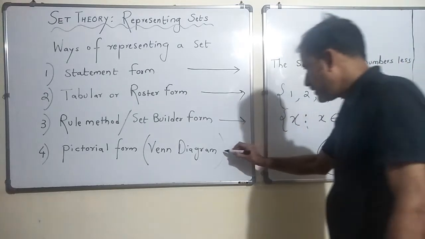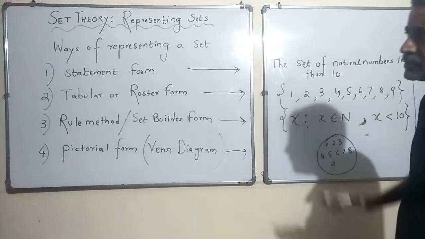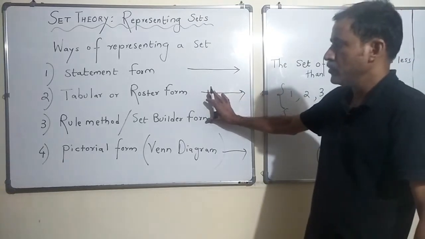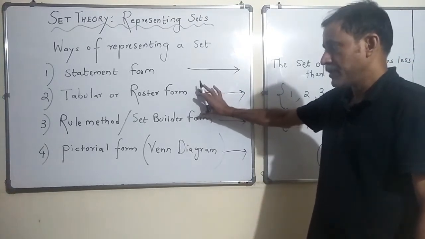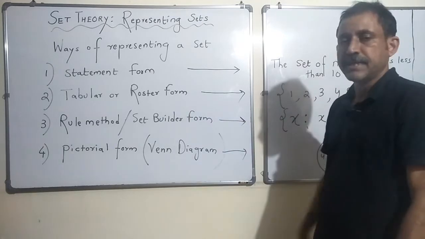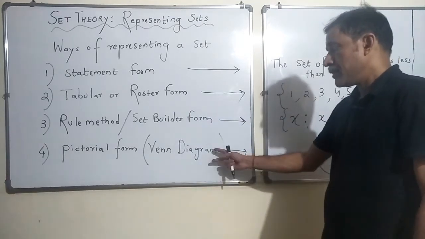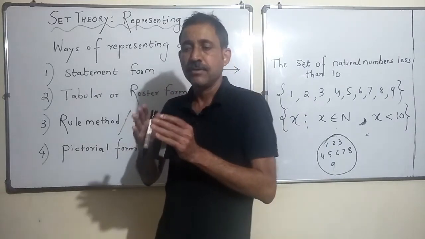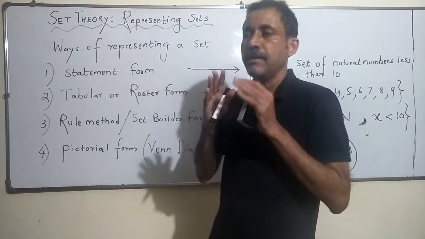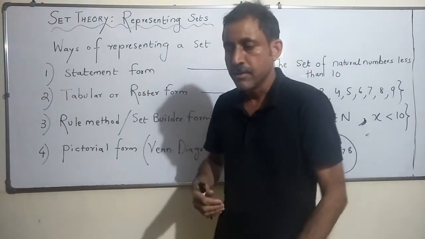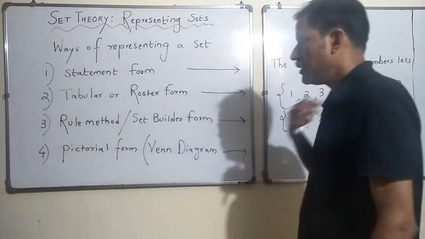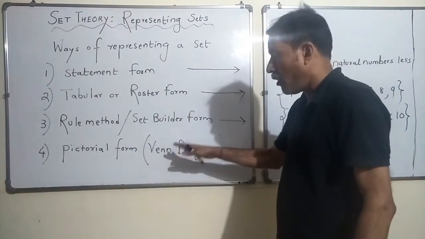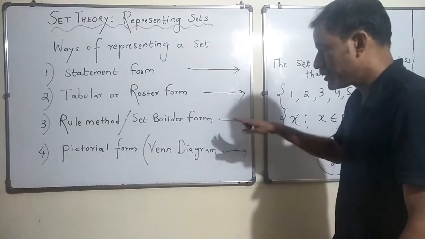So in this, our focus is on these two, tabular or roster form and rule method or set builder form only. The Venn diagram, there is a complete section that we would be doing in the next session. So that would be entirely based on Venn diagram, so I am not going to spend time today.